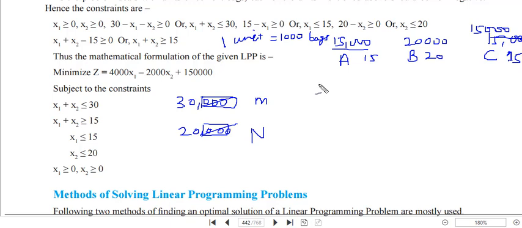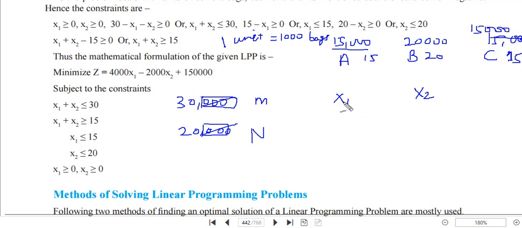So suppose M center supplies to A, say X1 quantity. Here X1 quantity is this assumed variable. This is called the decision variable. Suppose M is supplying X1 quantity to A and X2 quantity to B. The requirement of C is 15 only, right?